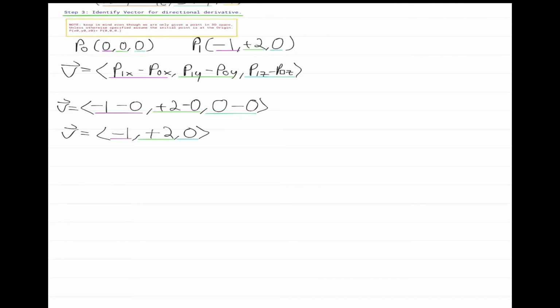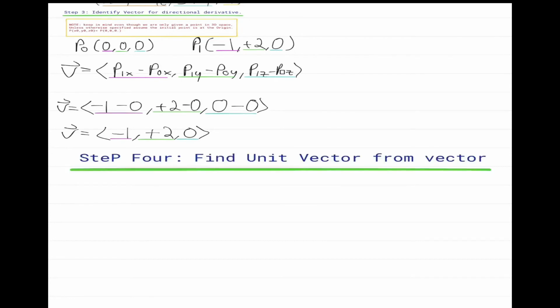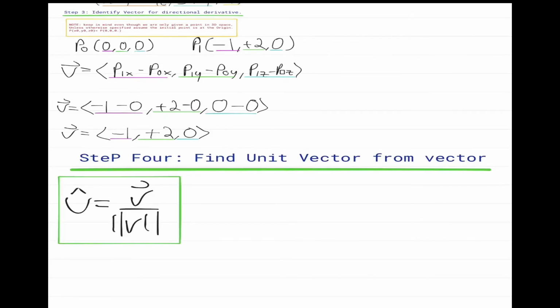So now that we've identified the vector from our directional derivative, the next step would be to find the unit vector. To find the unit vector, we're going to apply this formula right here. We know that the unit vector is the vector divided by its magnitude.